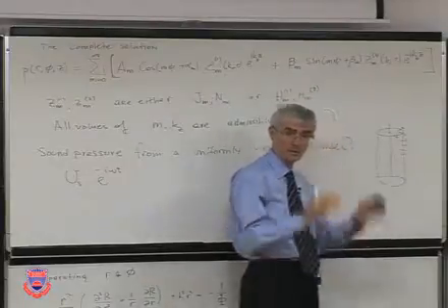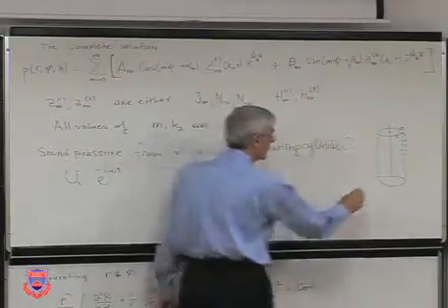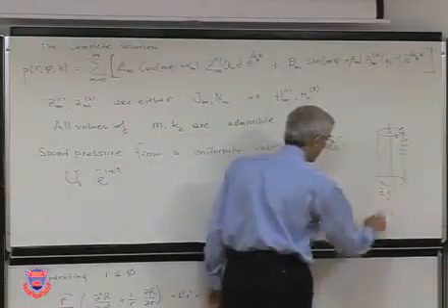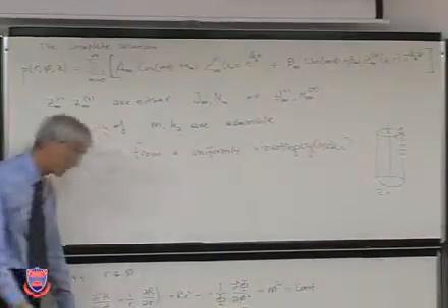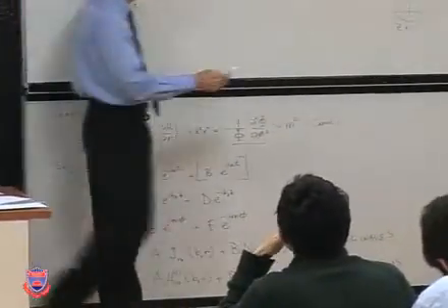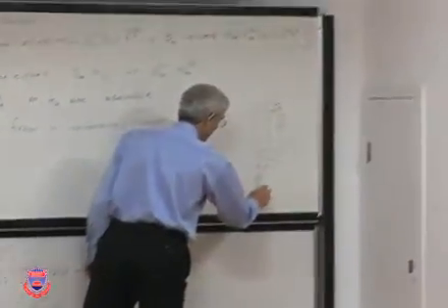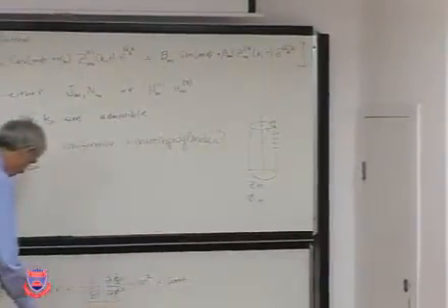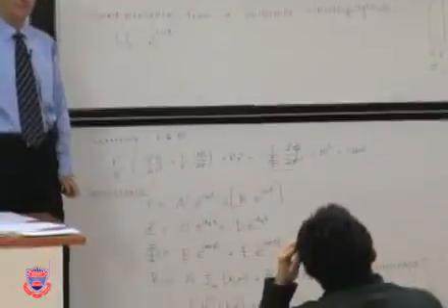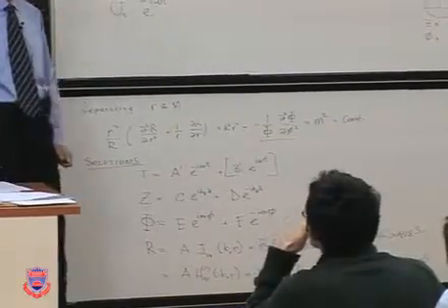But this is uniform. It's expanding. So there's no z dependence. The next coordinate is phi, all the way around. We said uniform, so there's no phi dependence. And what about r dependence? That's the last coordinate.